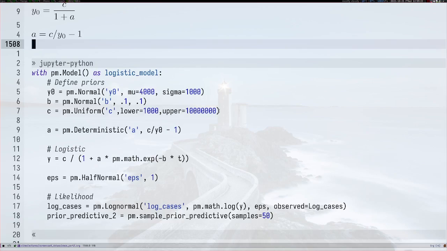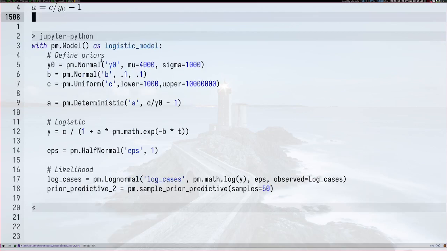The Dutch population is 17 million. I'm not an expert on epidemics. I'm not sure whether we should expect all 17 million people to get corona at some point. So you can experiment with this. I put the plateau here at 10 million. So the idea of this model is that we can never have more than 10 million COVID cases.